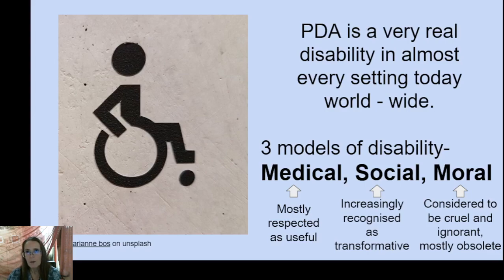The moral model of disability is kind of the old-fashioned one, where people used to look upon it, I'll go into more detail in a minute, as a deficit that's stigmatized. And this is considered to be cruel and ignorant and mostly obsolete. Very important to note this for what I'm going to say in a minute.